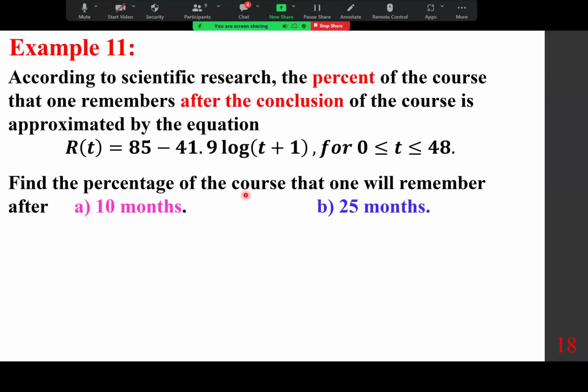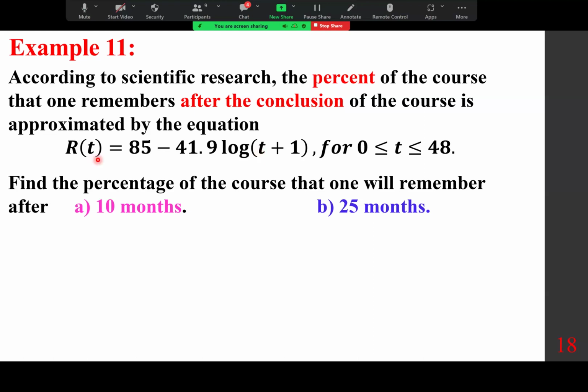Find the percentage of the course that one will remember after 10 months. Basically, plug in 10 here. That's all it says.